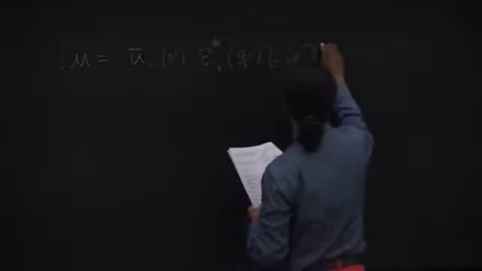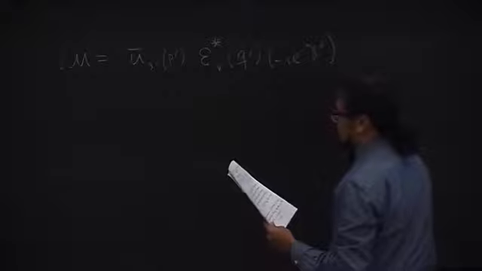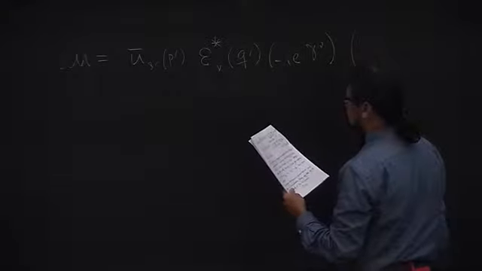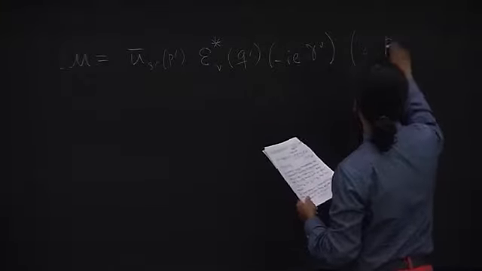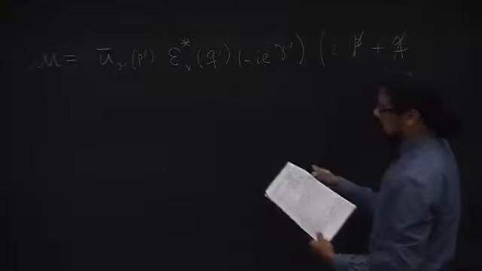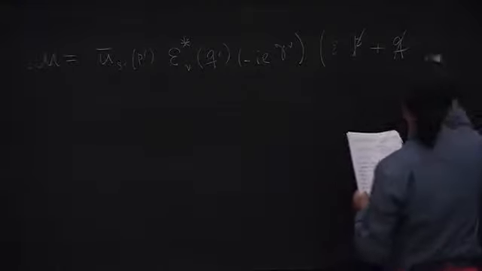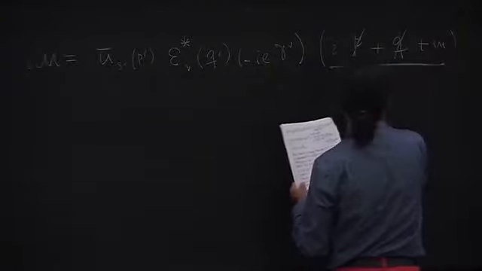So I get mu, and then I have an electron propagator, a fermion propagator, and this is like i (p slash plus q slash plus m). Somehow the app I was using to write this ate the p's and q's.